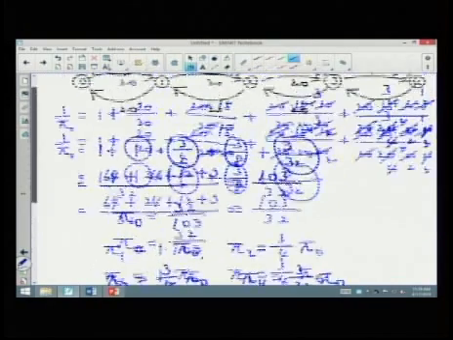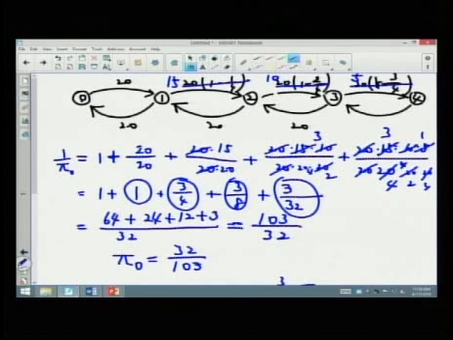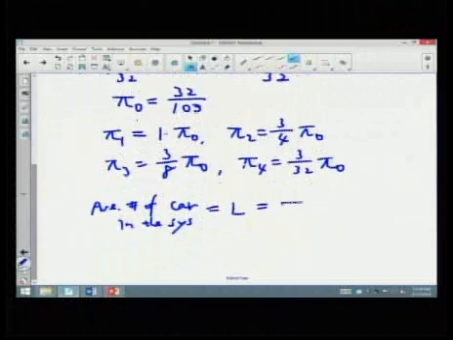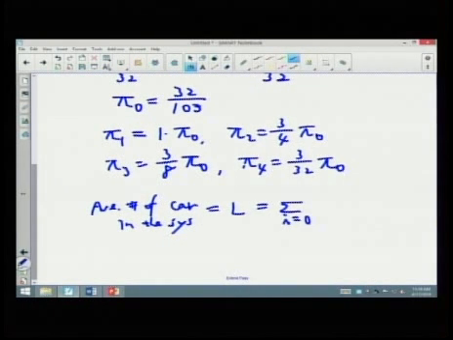How'd you get it? 0 times pi 0, 1 times pi 1, 2 times pi 2, plus 3 times pi 3 plus 4 times pi 4, right? Which is sum over I equal to 0 to 4 I times pi I. Is that right? You can get this value later.